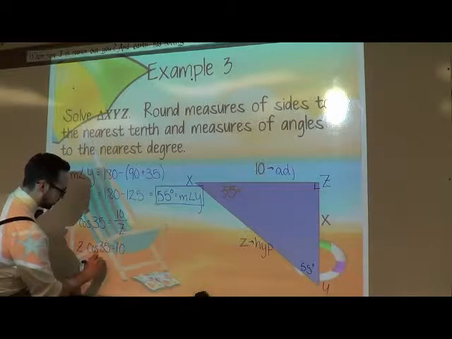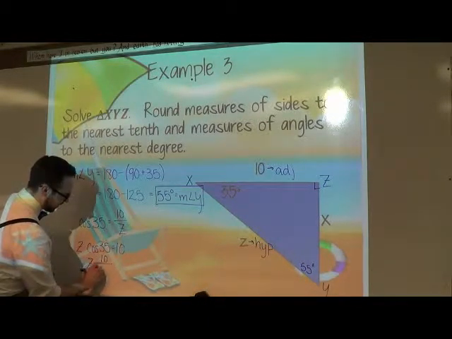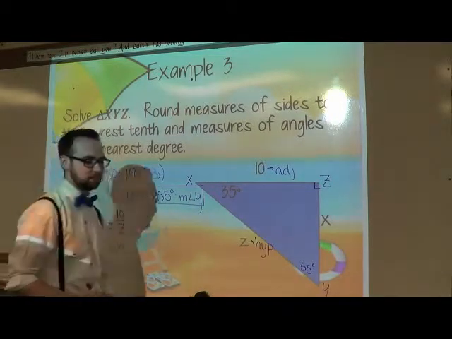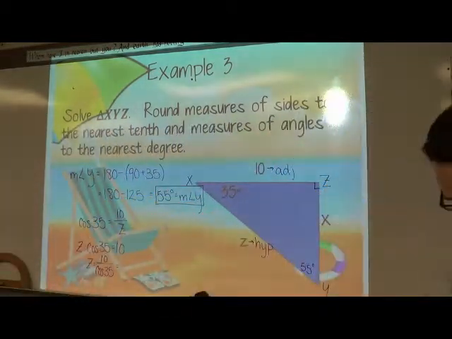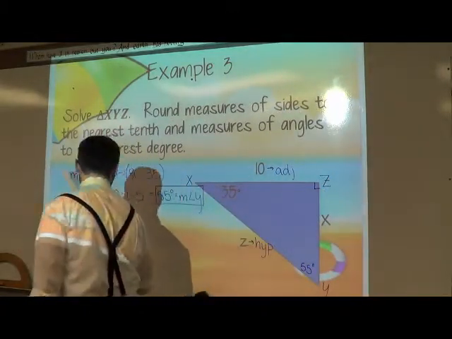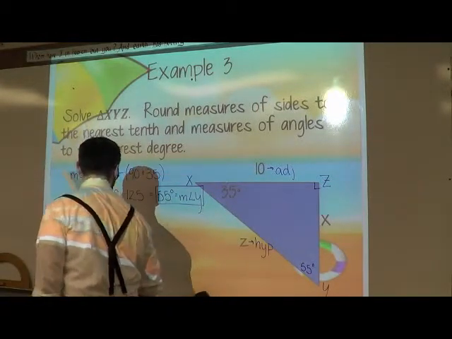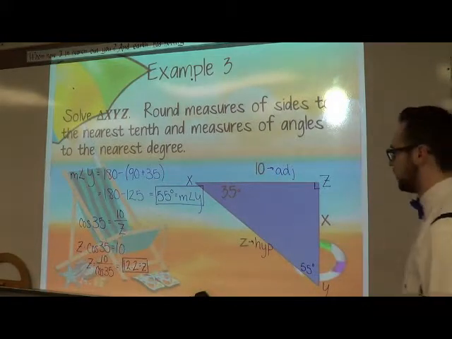So we end up with z is equal to 10 divided by the cosine of 35. So there's just more algebra work included there. And if we look at that, what we end up getting is 12.2 is equal to z. So that's the second piece of our puzzle.